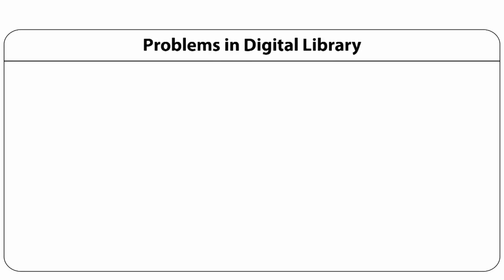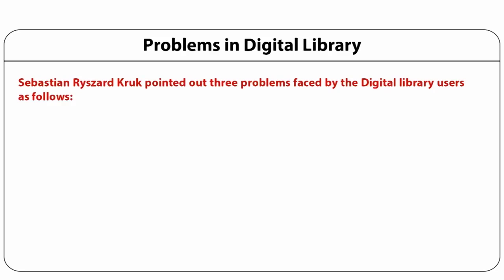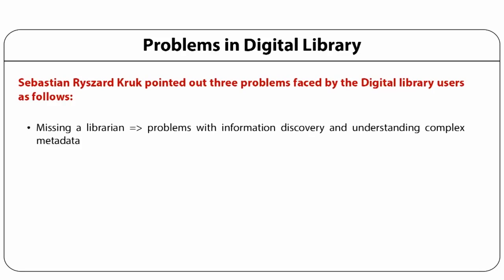The problems in digital libraries. Sebastian Crook pointed out three major problems faced by the digital library users. Firstly, the users are missing a librarian, that is the problems with information discovery and understanding complex metadata of the digital library.